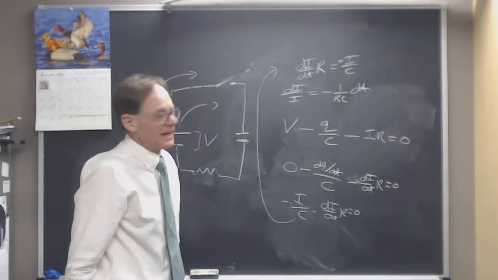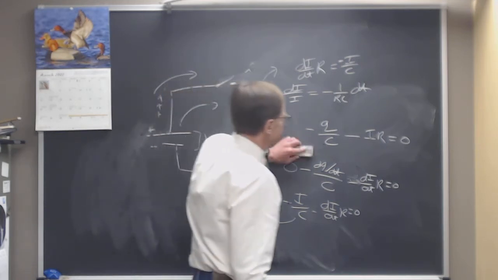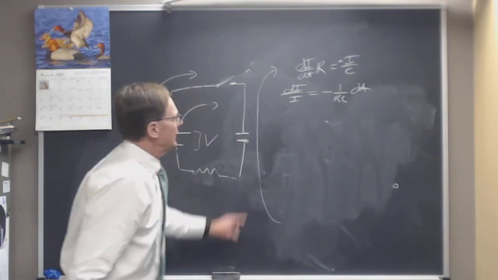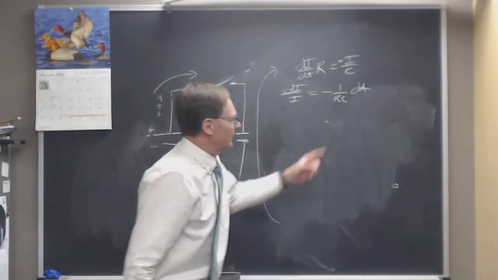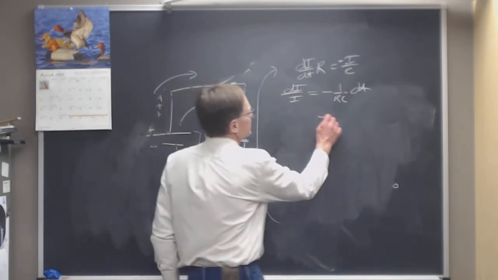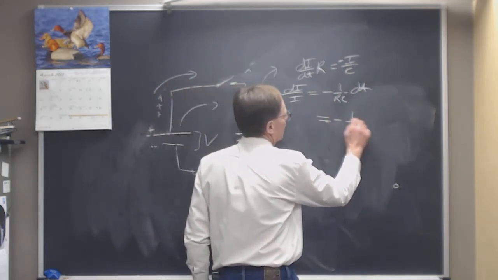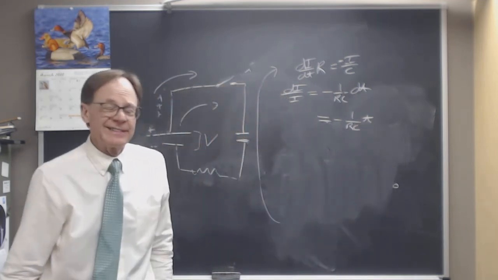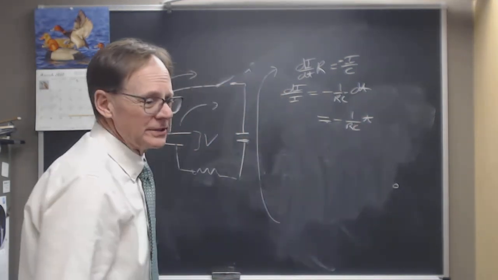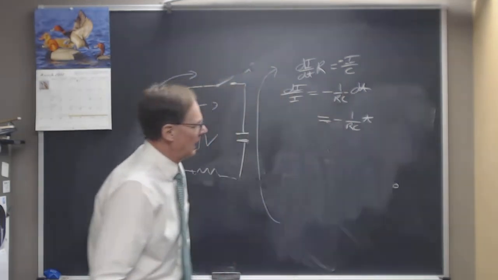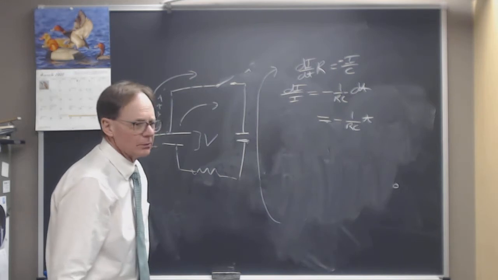Now I'm going to integrate both sides. As I integrate the right side, everything here is constant, and the integral of dt is just t, the time. So I get minus 1 over RC times the time. Integrating the left side, we're going to start at time t equals 0, so it's just the time past t equals 0.